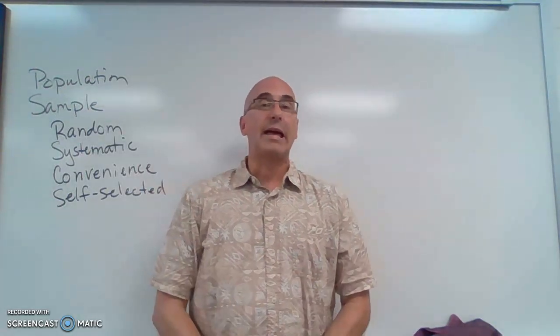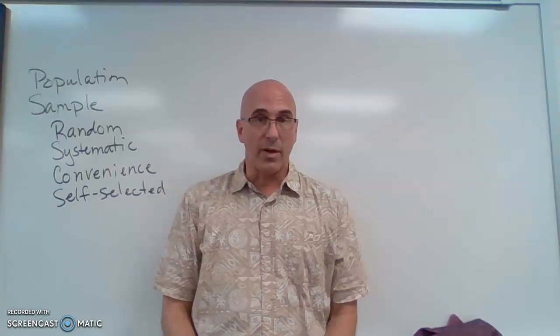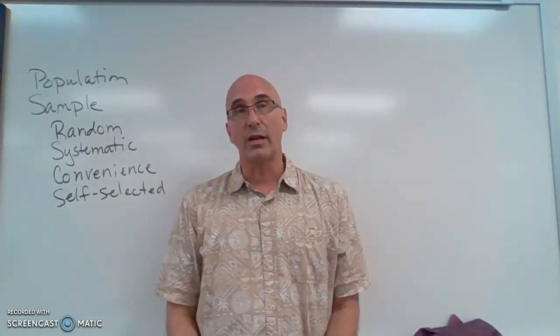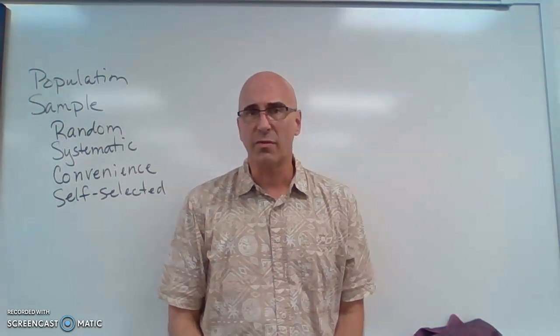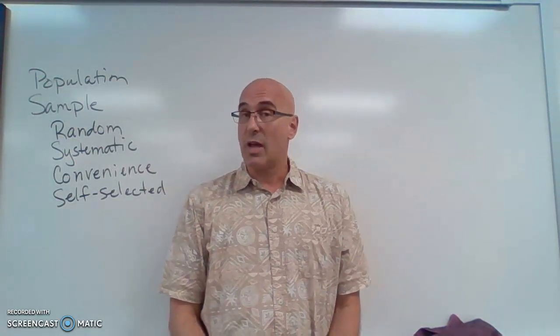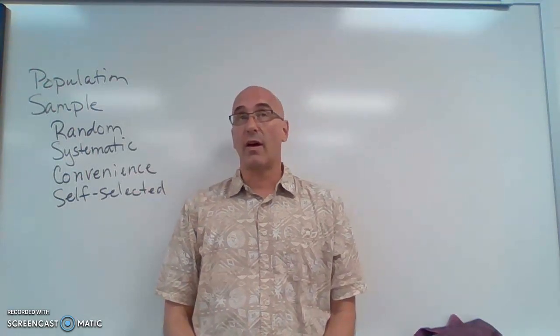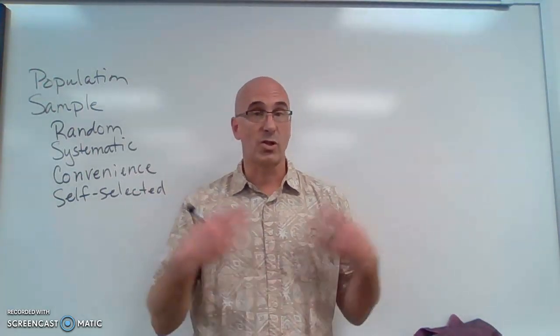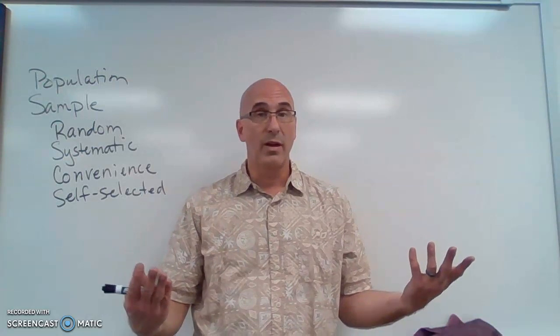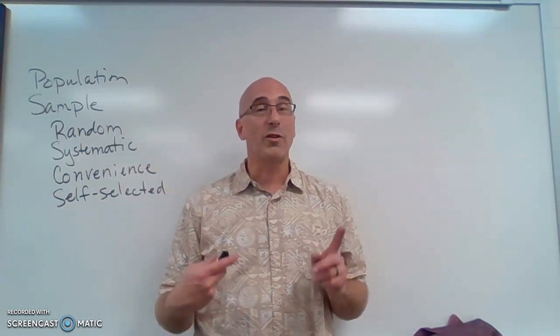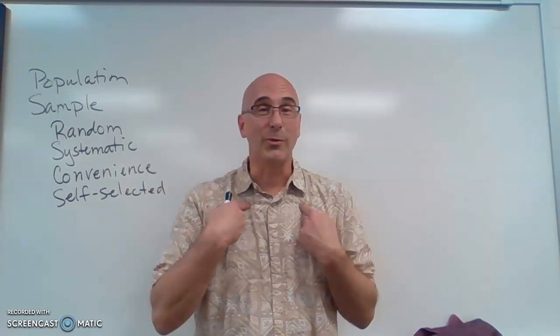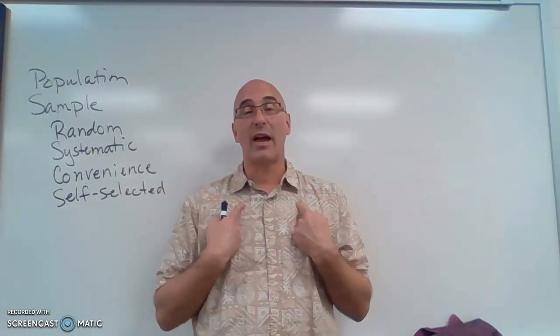Then we have a convenience sample. And a convenience sample is the easiest way to get people to take the survey. So say we wanted to take a survey of a sample from our entire school, our student body. The easy way to do it is to walk into our school and go to the first classroom, my classroom, and use that as our sample.